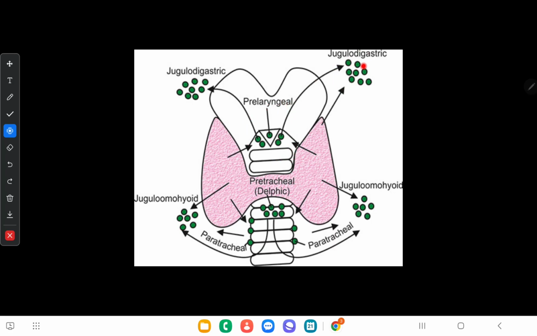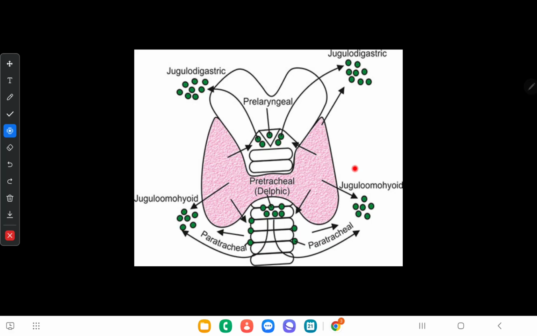Then lymph from the lower part of the gland reaches the lower deep cervical nodes, that means jugulo-omohyoid nodes, either directly or indirectly through the pretracheal and paratracheal nodes.